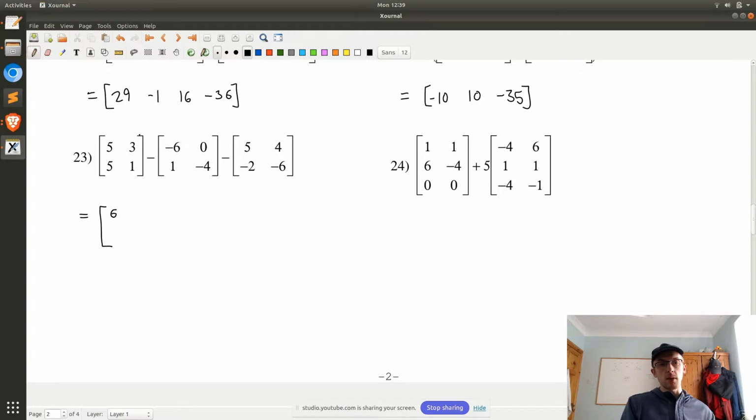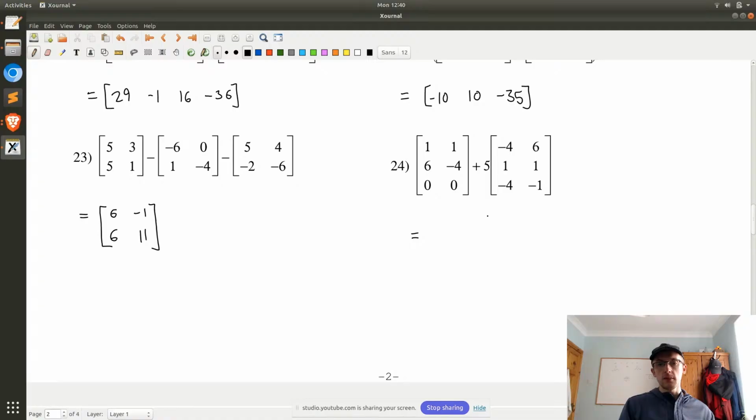Next up, 3 take 0 take 4. Oh, so you mean minus 1? That's right. Next, 5 take 1 minus minus 2. So that would be what? 4 add 2, so 6. And then 1 minus minus 4 minus minus 6. So 1 add 4 add 6. That's right, which is 11.